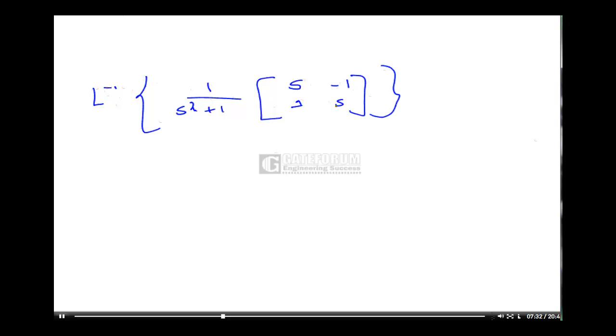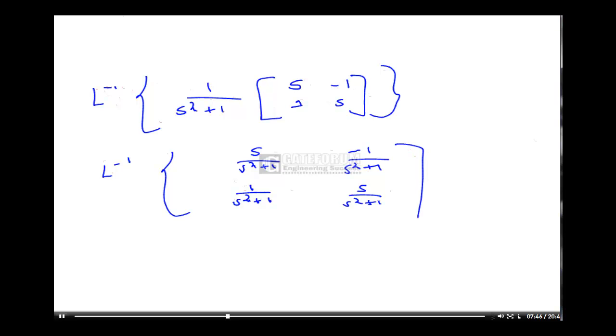Now I have to find the Laplace inverse of 1 upon s square plus 1 times [s 1; minus 1 s]. This is equal to [s upon s square plus 1, 1 upon s square plus 1; minus 1 upon s square plus 1, s upon s square plus 1].